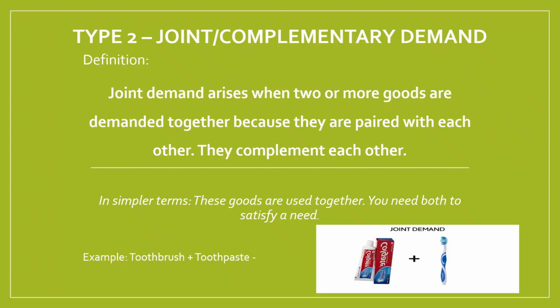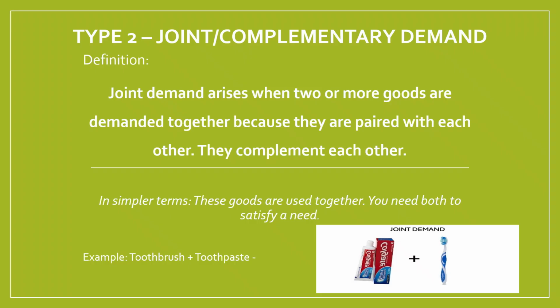Pen and paper. We need both to write. You have a paper, without a pen you cannot write. You have a pen, without paper you cannot write. Likewise, car and petrol, you need both to drive. If there's a car and there's no fuel in it, you cannot drive the vehicle. So you need both to drive.